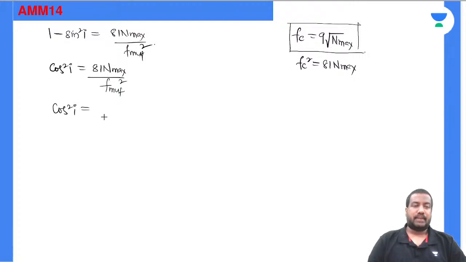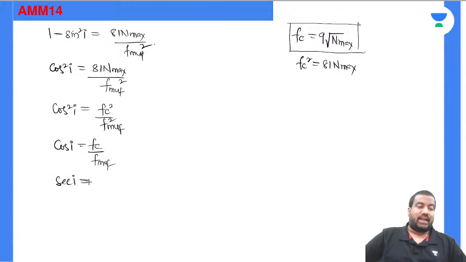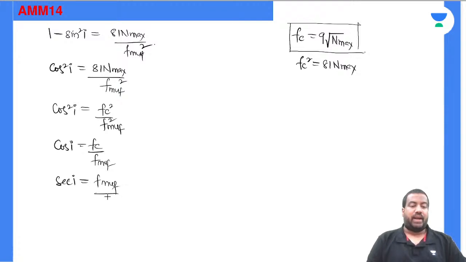So cos square i is Fc square by FMUF square, cos i is Fc by FMUF, and secant i, 1 by cos i, is FMUF by Fc. From this, the formula for maximum usable frequency is FMUF equal to Fc into secant i.